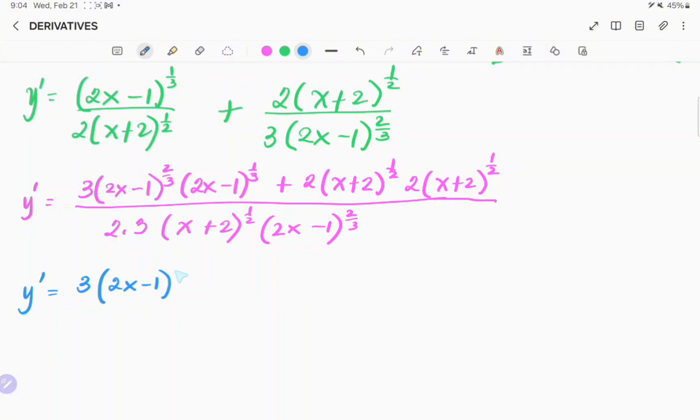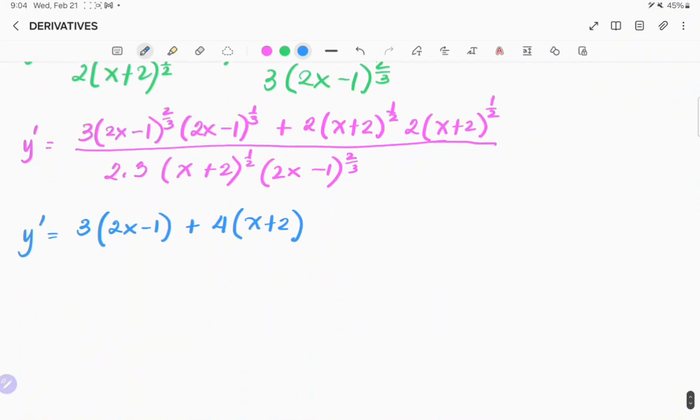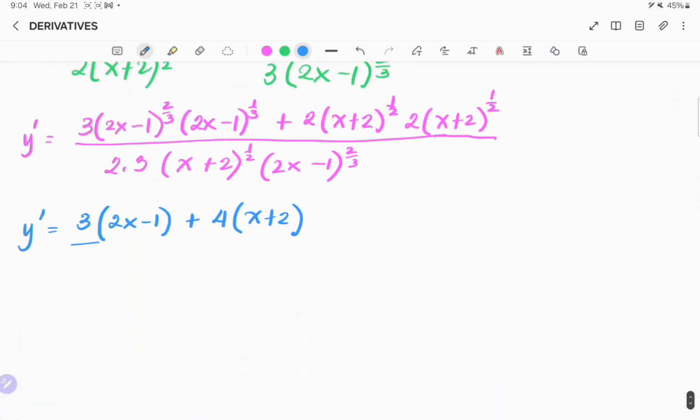So we are going to have our 1 here, but we do not write it. Plus 2 times 2 is 4. And then x plus 2 raised to 1 half times x plus 2 raised to 1 half is x plus 2, but the exponent is 1 half plus 1 half, which is 1, and we do not write it also. Okay. And then we have our whole denominator now as 6 times x plus 2 raised to 1 half and 2x minus 1 raised to 2/3.